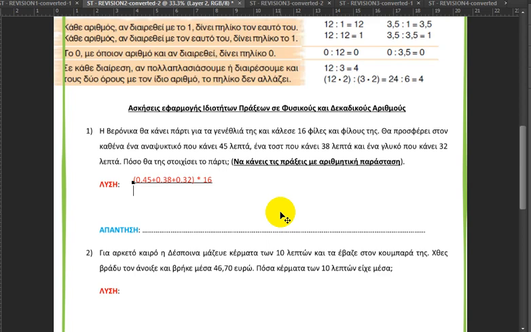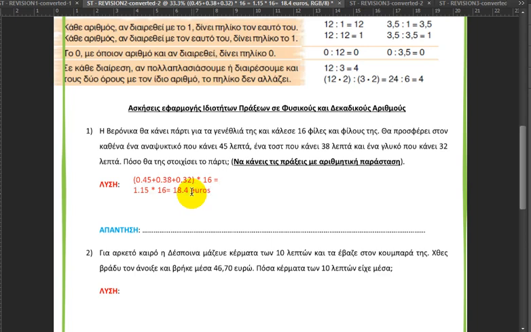So then we just do this addition. 0.45 plus 0.38 plus 0.32 makes 1.15, right? Times 16. And this multiplication gives us 18.4. So in total, it's going to cost 18.4 euros.